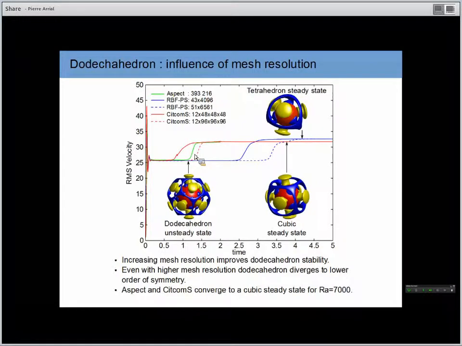While for the RBF method, we have a more varied set of modes, because we have the equal four mode, and at higher number we have equal three modes. So we can notice here, like later, this kind of pattern between the cubic and the tetrahedral pattern.